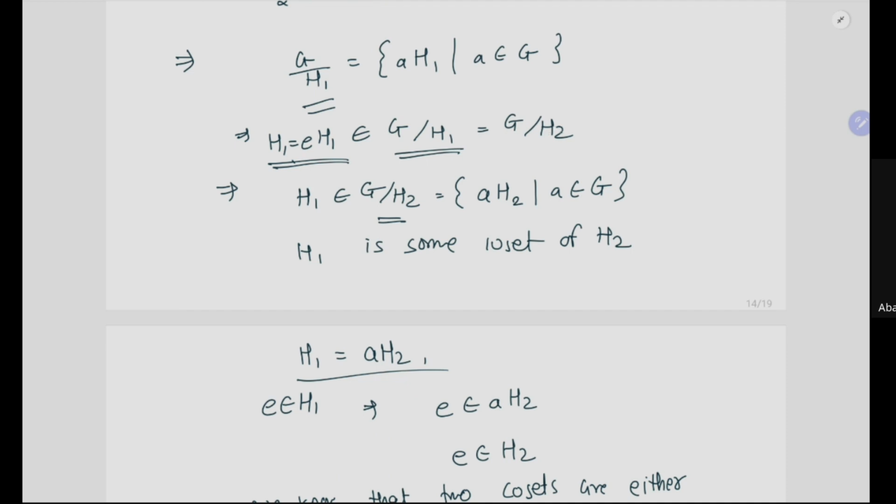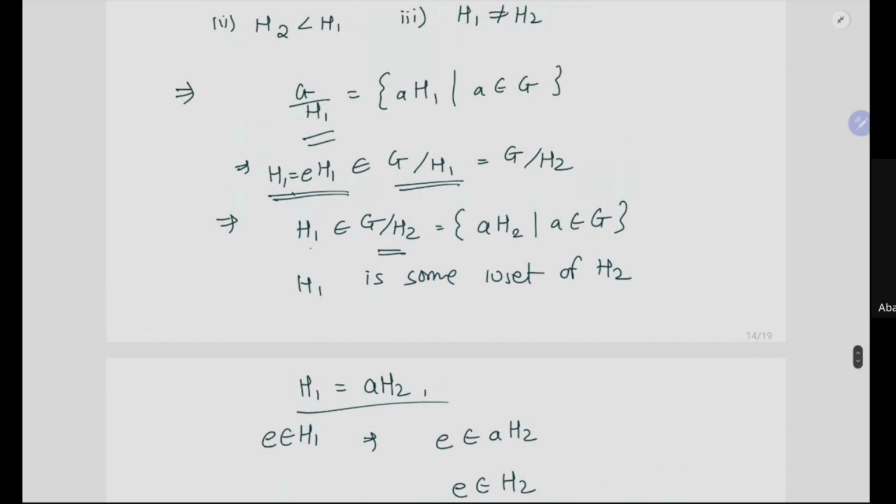So H1 is again an element of G by H2. Look at this as a set, with AH1, BH2, or A1H1, B1H2 as elements here. And this H1, that is EH1, is an element here in G mod H1.